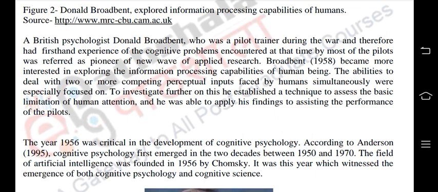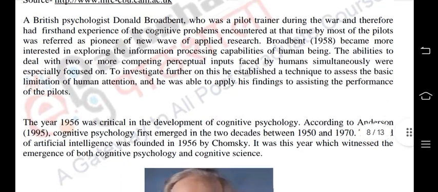Broadbent in 1958 became more interested in exploring the information processing capabilities of human beings. The ability to deal with two or more competing perceptual inputs faced by humans simultaneously was especially focused on. To investigate further on this, he established a technique to assess the basic limitation of human attention, and he was able to apply his findings to assisting the performance of the pilots.